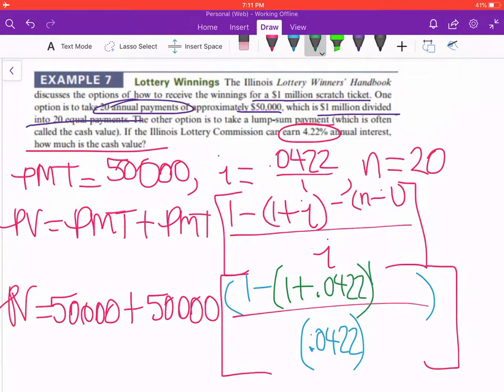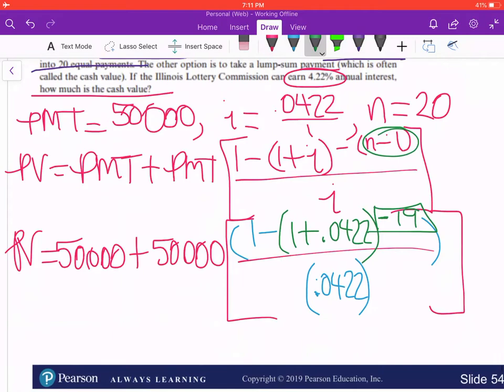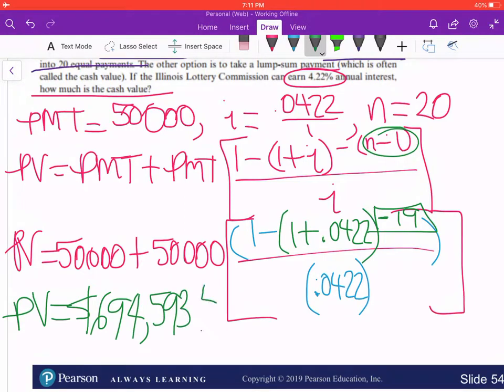And in here, the exponent needs to be negative 20 minus 1, so that will be 19. And the present value for that will equal $694,593.49.